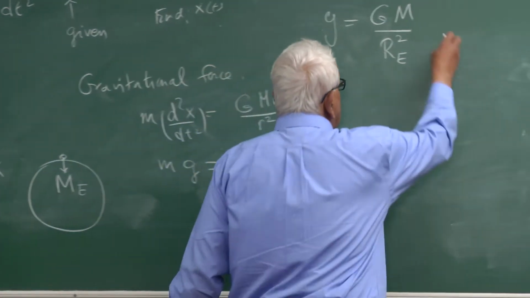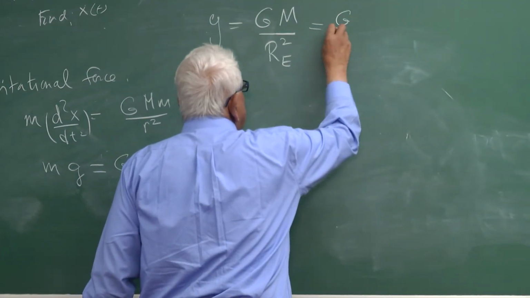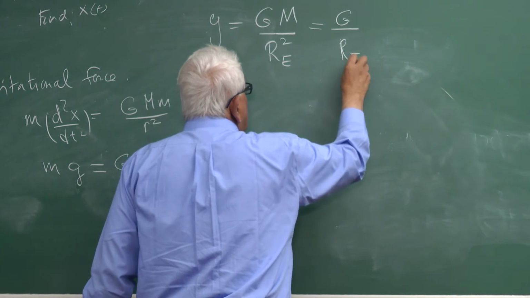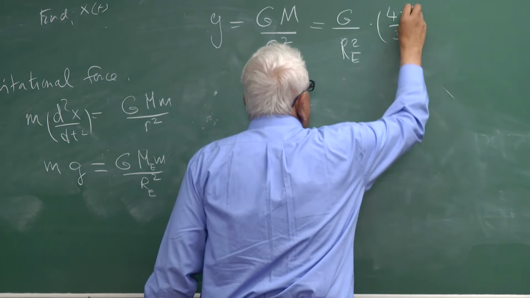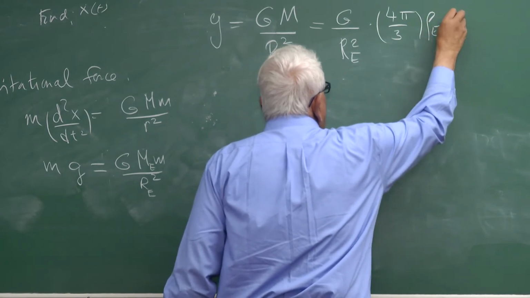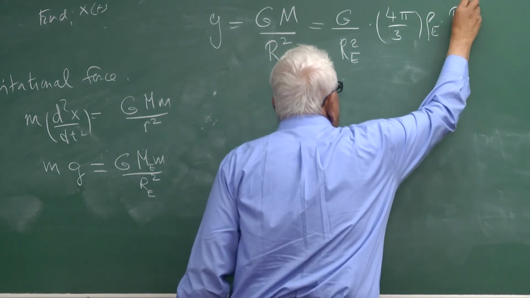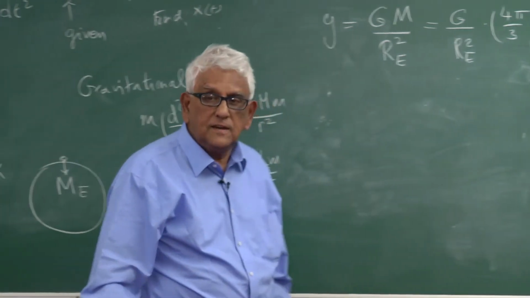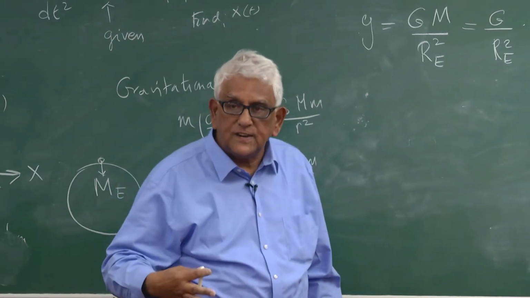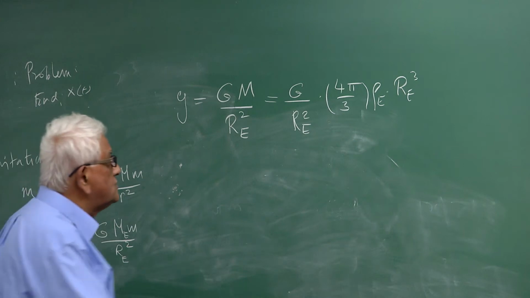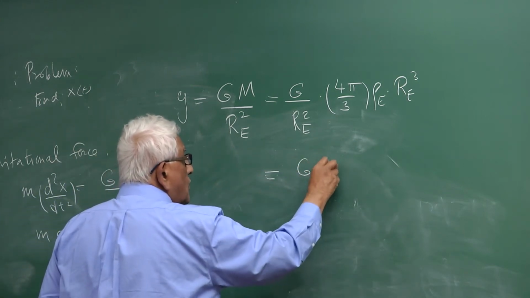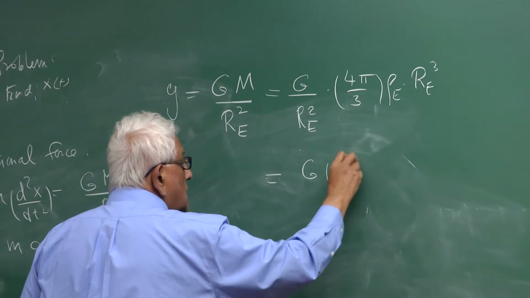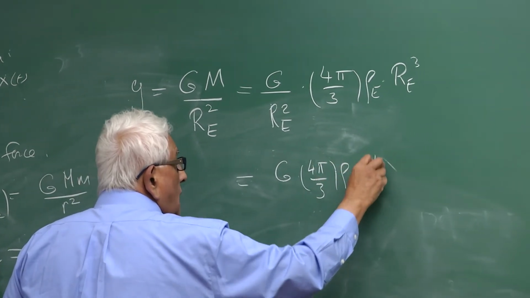But now we can do one more step. We can write this as G R Earth squared times 4 pi over 3 rho of the Earth, R Earth cubed, taking the Earth to be a sphere of radius R. So this thing gives you g equals G 4 pi over 3 rho Earth R Earth.